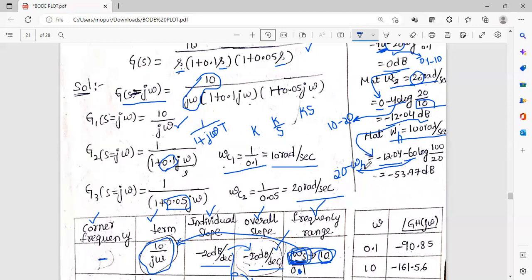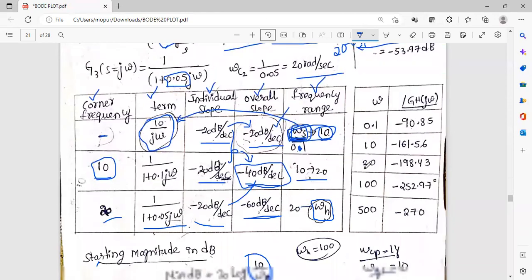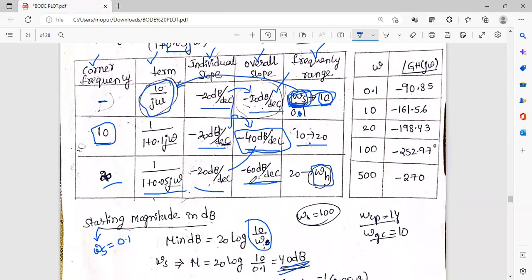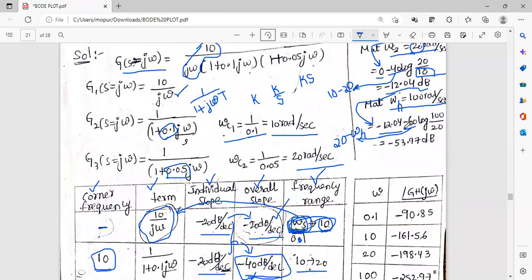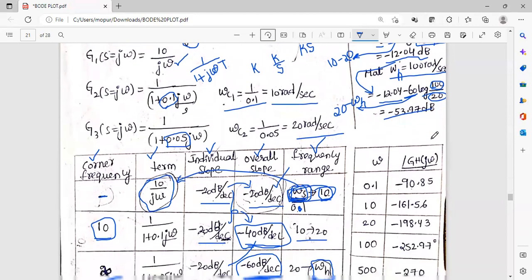If the overall slope is plus 60, you take plus 60. Since from 20 to omega h it is minus 60, we write minus 60 log of the higher frequency 100 by the previous frequency 20. You get minus 53.97. So now let us plot all these things.